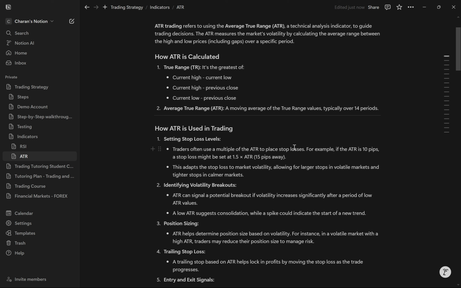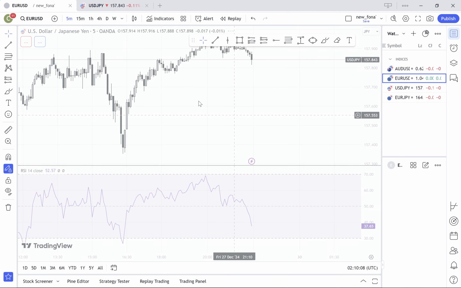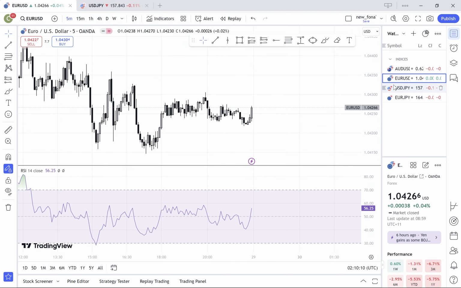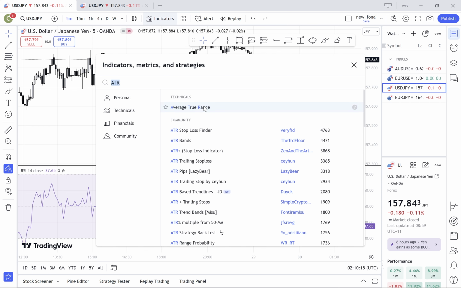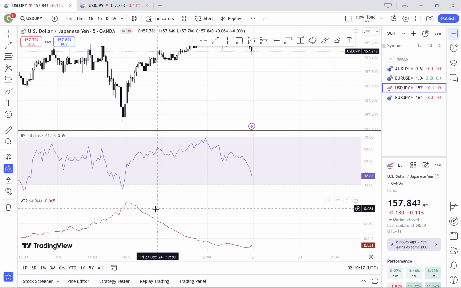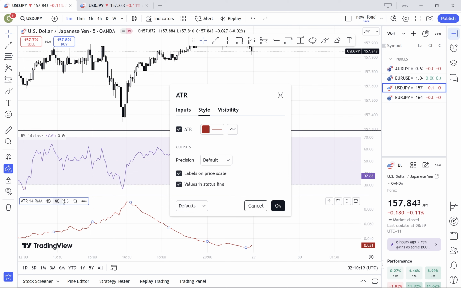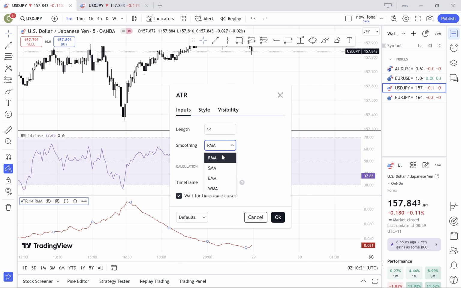If ATR is 10, the stop loss might be okay. So let's actually add ATR and see what it actually is. I'm going to go into indicators, ATR, average true range, inputs length 14.